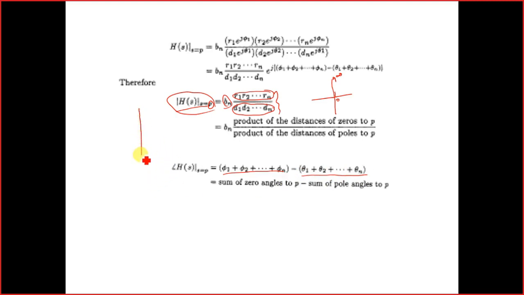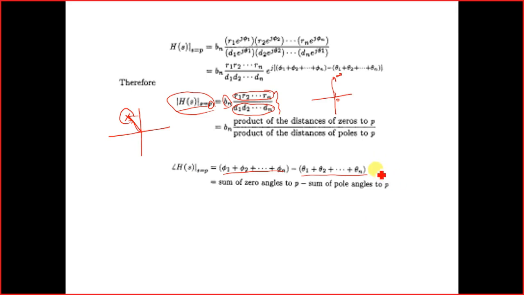Suppose I have a pole over here, and I want to find out the phase over here at DC frequency. What I should do? I should draw a line which is parallel to the x-axis, and then from here I would calculate the angle, and I will put that angle over there.